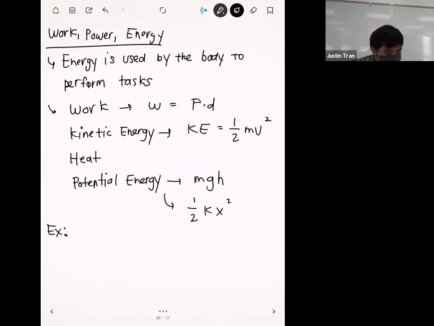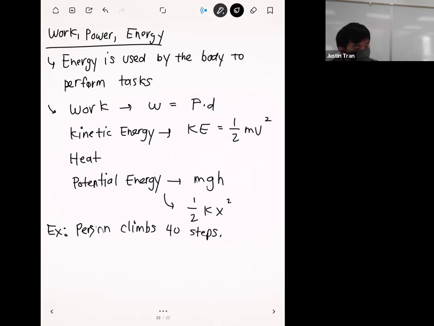As an example, let's say that a person is going to climb 40 flights of stairs, or 40 steps. Each of these steps is going to be 25 centimeters high.